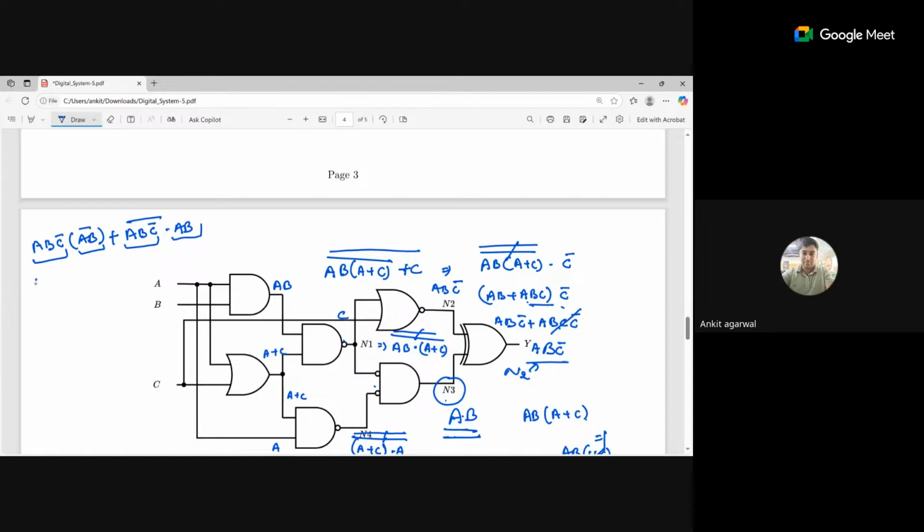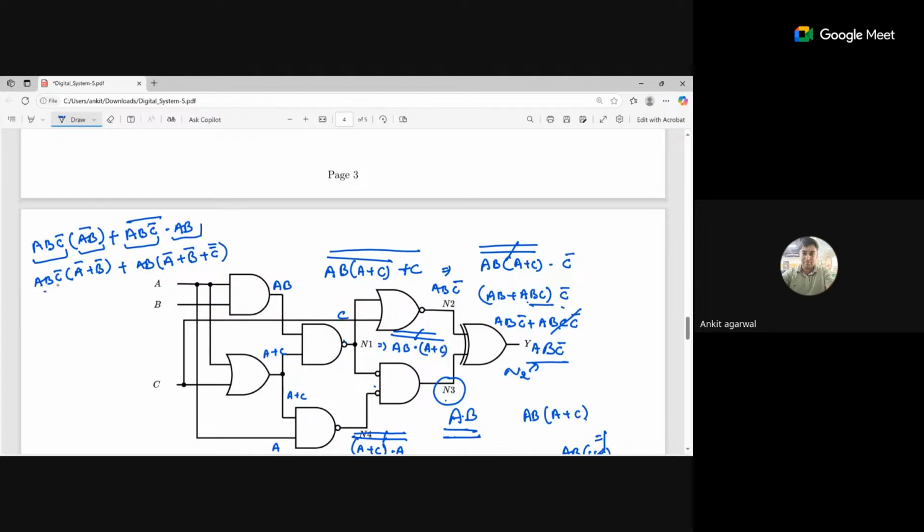If I simplify it, breaking A B C bar, it is A bar plus B bar plus AB. Breaking this, it is A bar plus B bar plus C double bar.